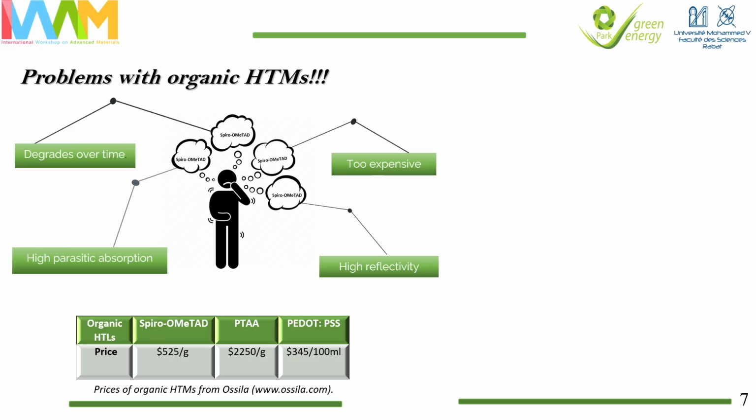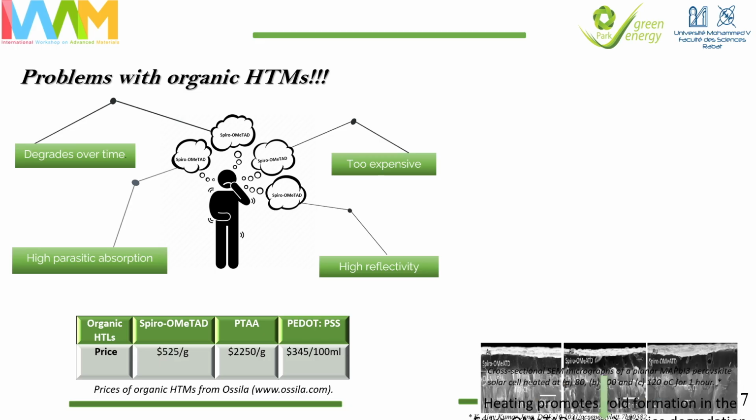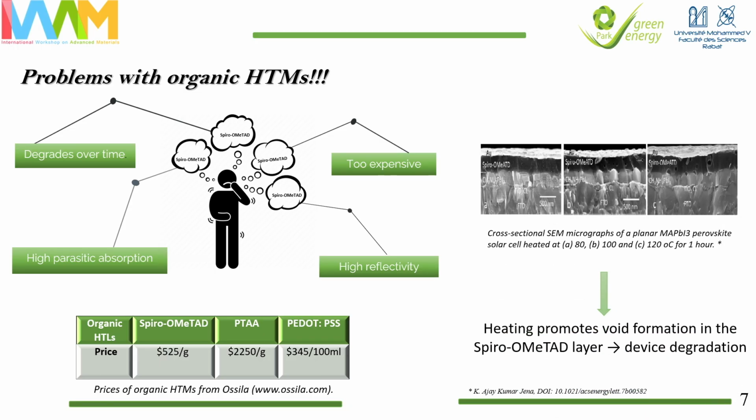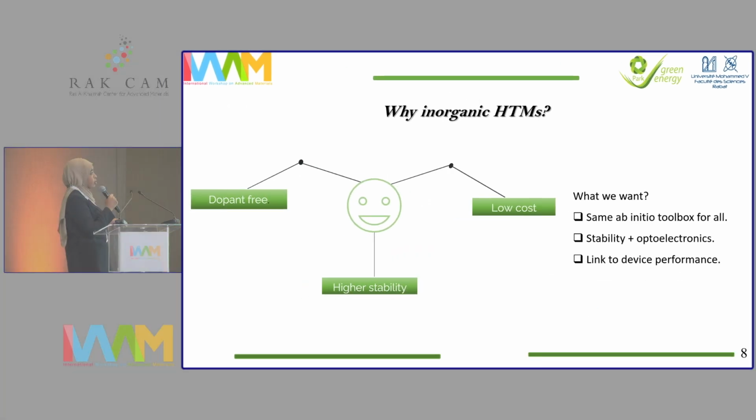It suffers from degradation, and in this study from the literature, you can see that in the spiro-OMeTAD layer there are some voids that increase with increasing temperature, which can lead to perovskite solar cell degradation.